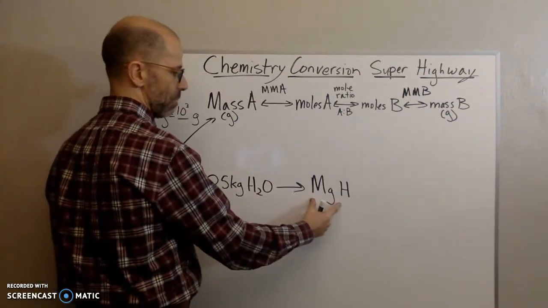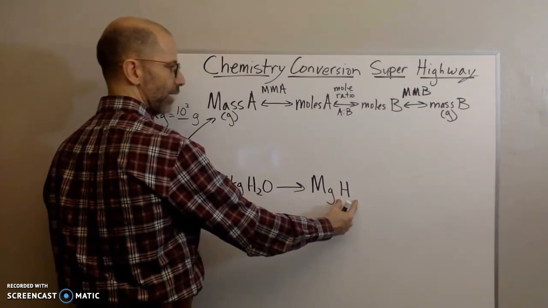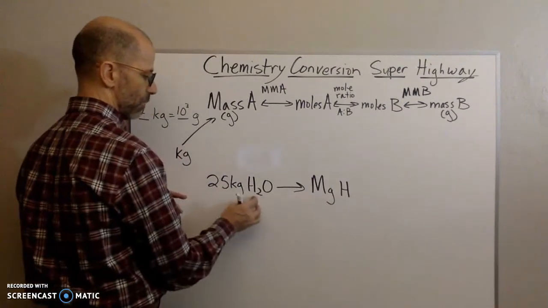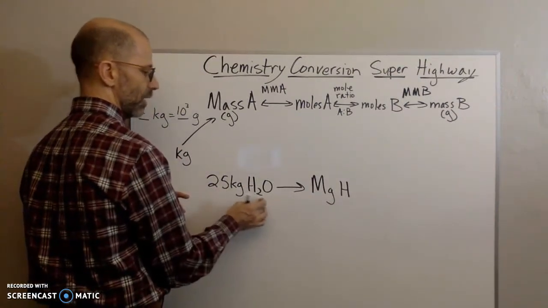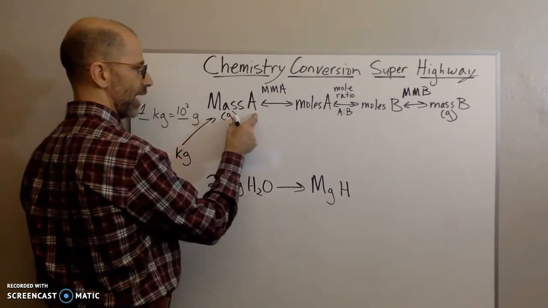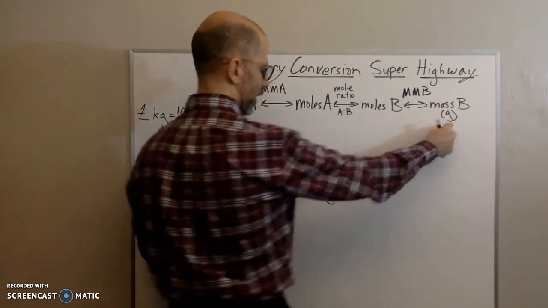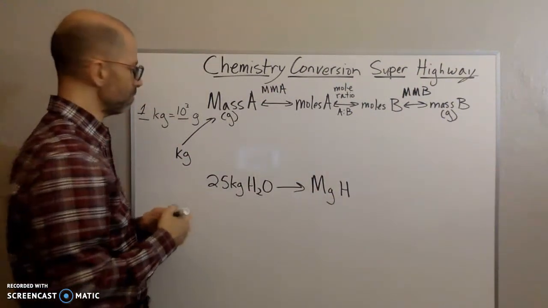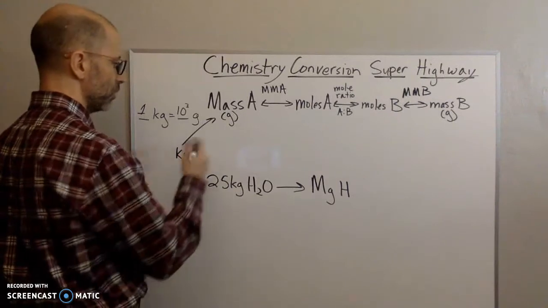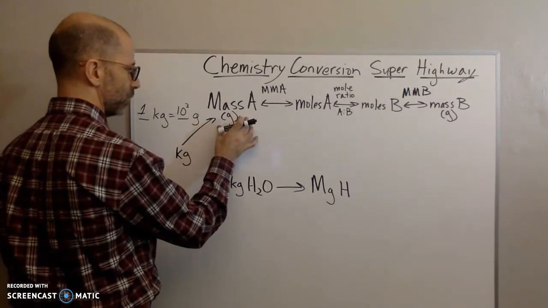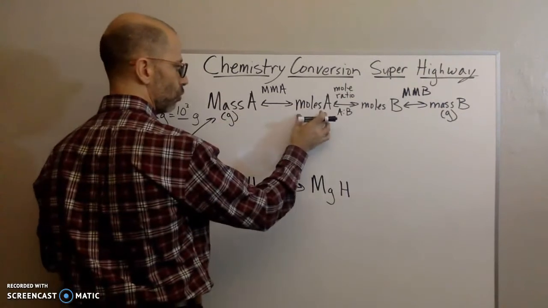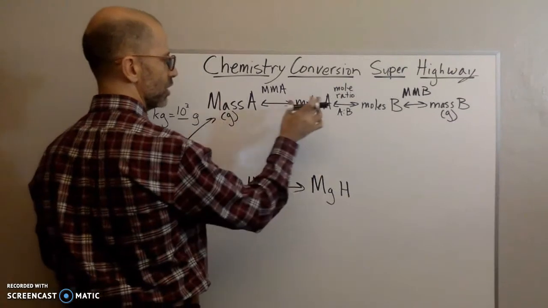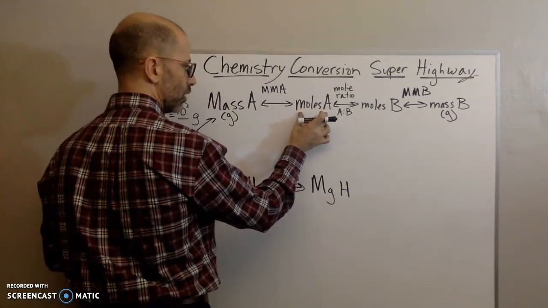Now it tells me where to go. I want the megagrams of hydrogen, which is substance B. So if I'm starting with water, I've got to get to hydrogen. I've got to get all the way over here to grams, but then I need megagrams, so I'm going to have to get off the highway again. So I'm going from kilograms to grams, and then from grams of water to moles of water.